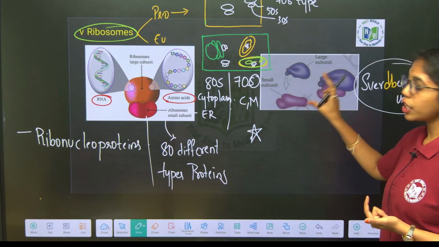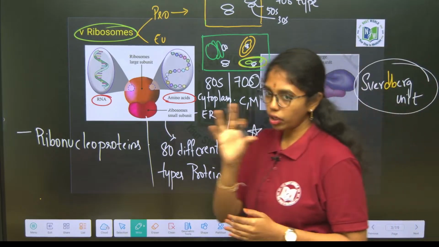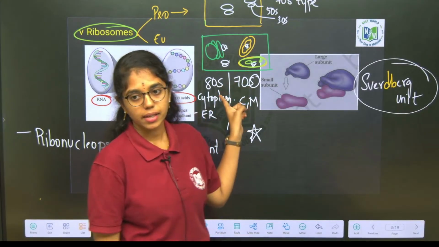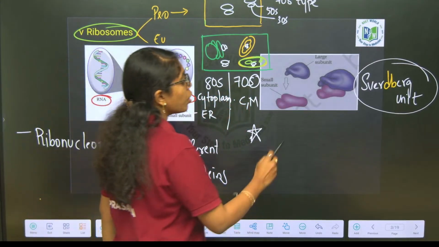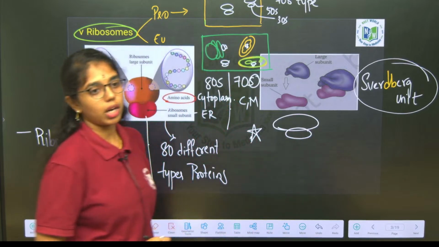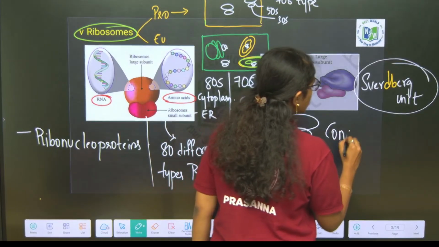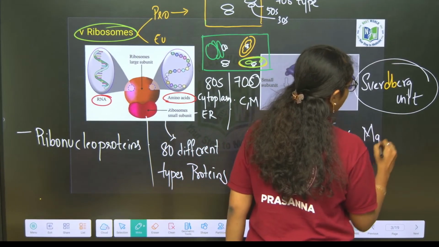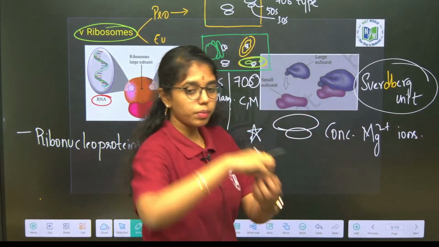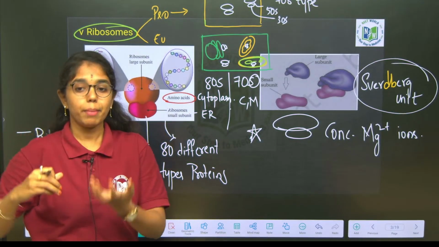But the sedimentation coefficient for the entire organelle is 80S. This happens because of the association between larger subunit and smaller subunit. The association is decided by the concentration of magnesium ions.